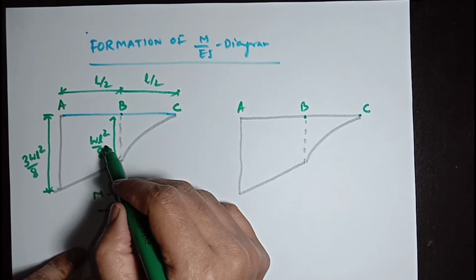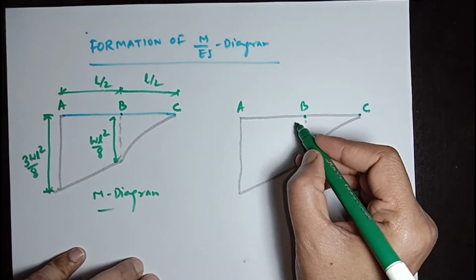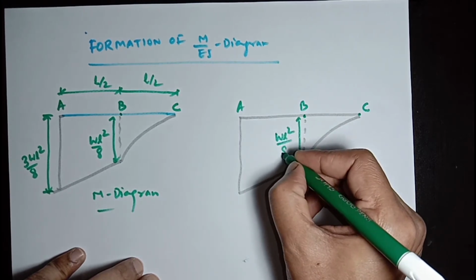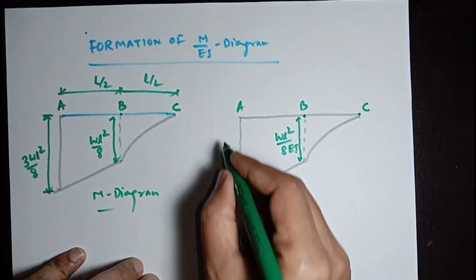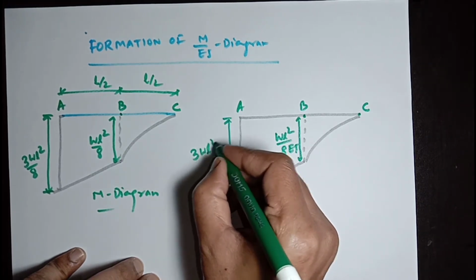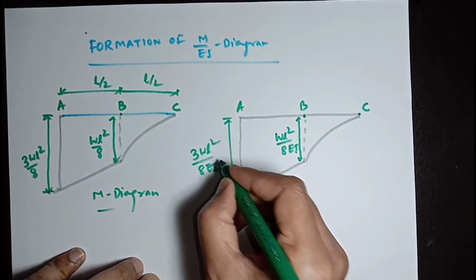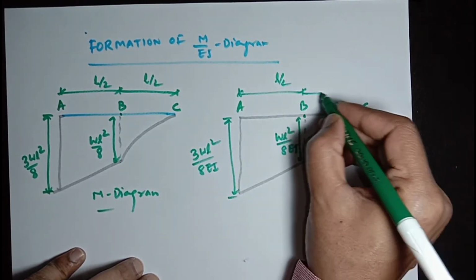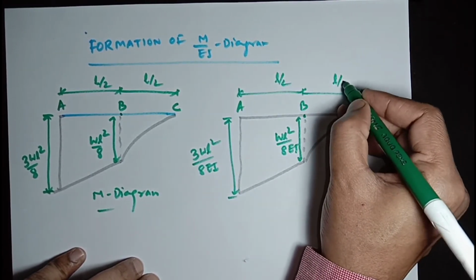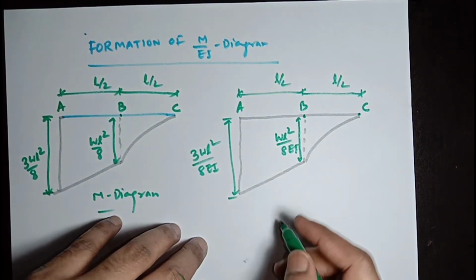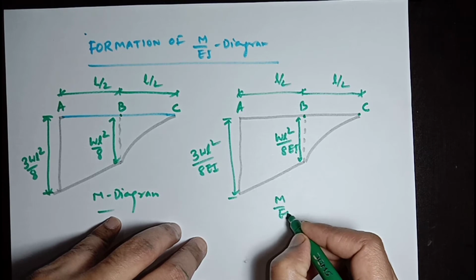As this value has been divided by a constant value of EI, its value will be WL square divided by 8EI, and here this value will be 3WL square divided by 8EI. This length is the same, L by 2, and this length is the same, L by 2. This is the M over EI diagram.